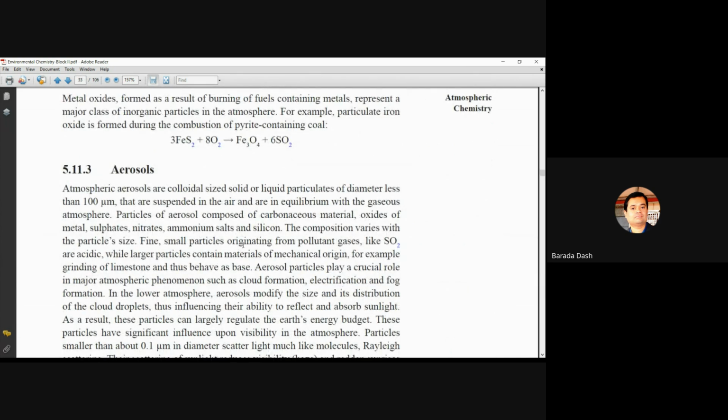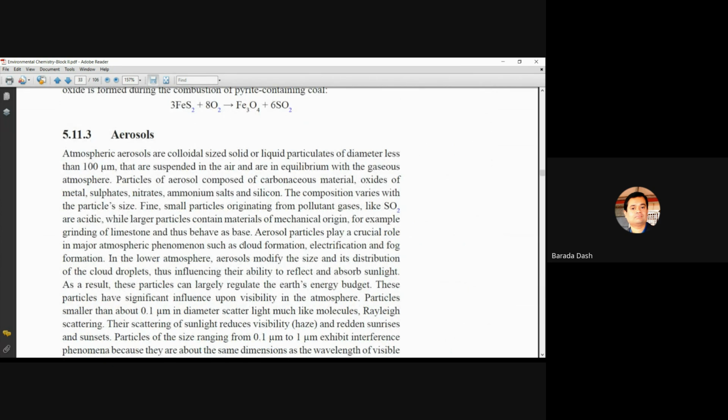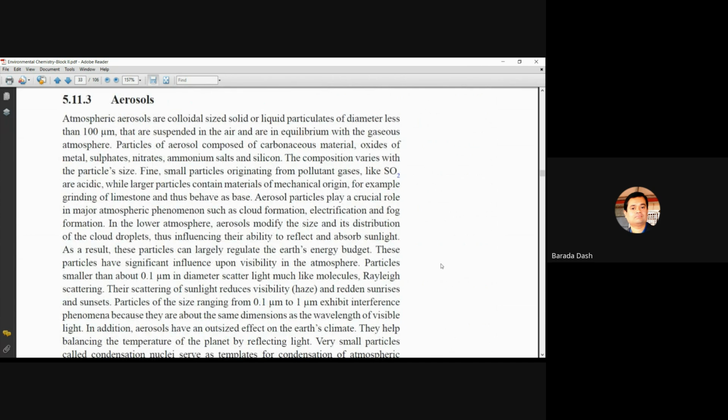The next important thing is aerosol. Atmospheric aerosols are solid or liquid particulates of diameter less than 100 micrometer that are suspended in the air and are in equilibrium with the gaseous atmosphere. Aerosol particles are composed of carbonaceous material and oxides of metals, sulfates, nitrates, ammonium salt, and silicon.